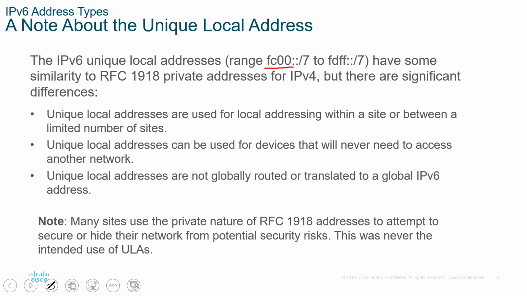One is that unique local addresses are used for local addressing within a site or between a limited number of sites. They can also be used for devices that will never need to access another network. They are not globally routed or translated to a global IPv6 address.